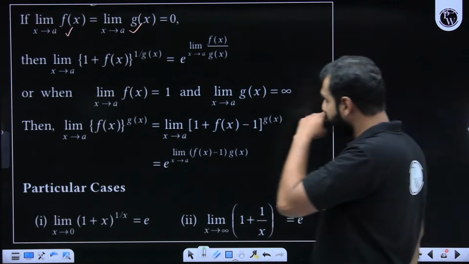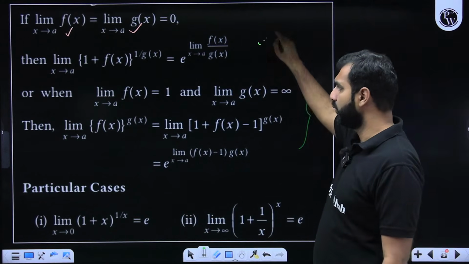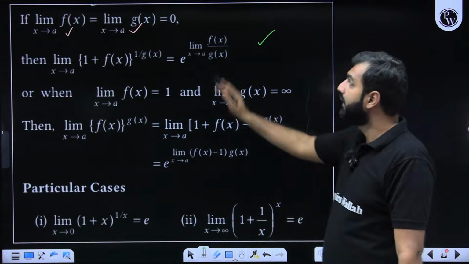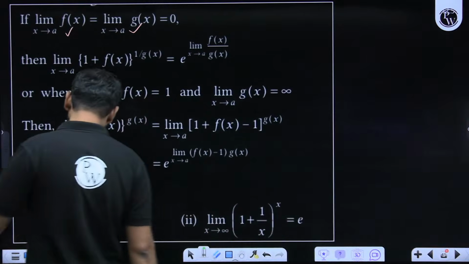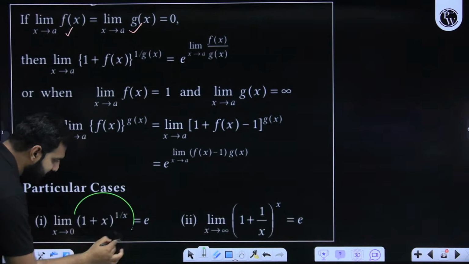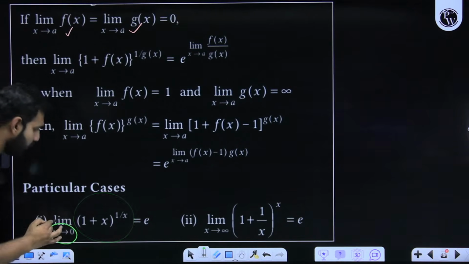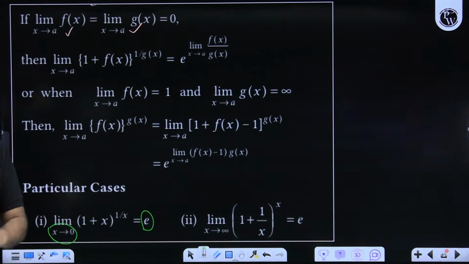When I move ahead with the next conclusion, what do we see? This is the extension of this formula only, but in a different format. These are also standard results created with this short technique. Which standard results, students? Here, 1 plus x to the power 1 by x. If x is approaching 0, then this result will give you e. Did you get my point?